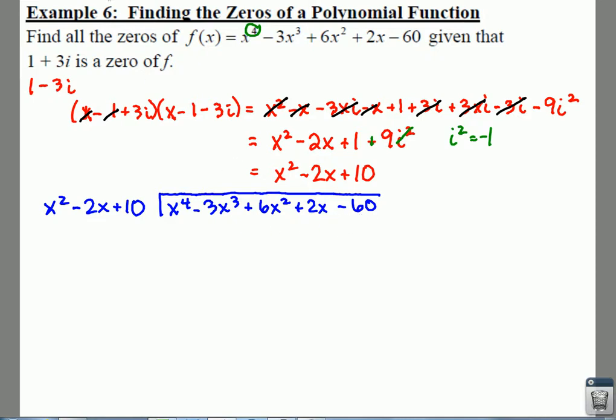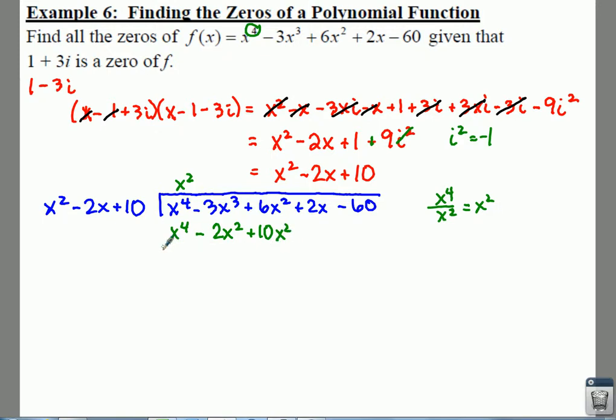So when we do that, you get x to the 4th divided by x squared. Well, that's just x squared. That's what goes up here on the top. And we've got to take x squared times everything. So that's x to the 4th minus 2x cubed plus 10x squared.